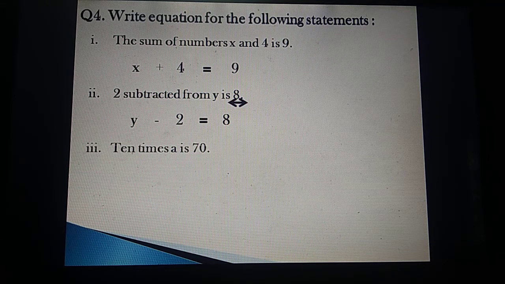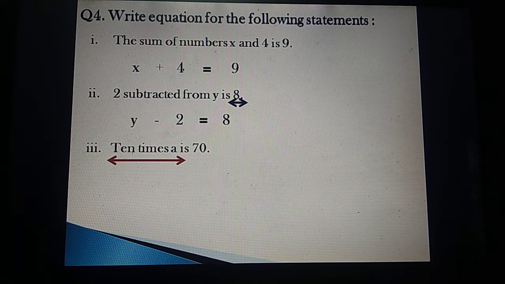Moving to next. 10 times a is 70. 10 times a means what? Times means into.